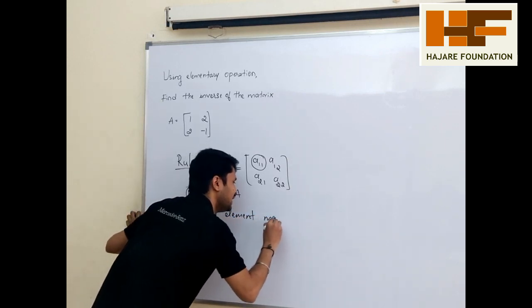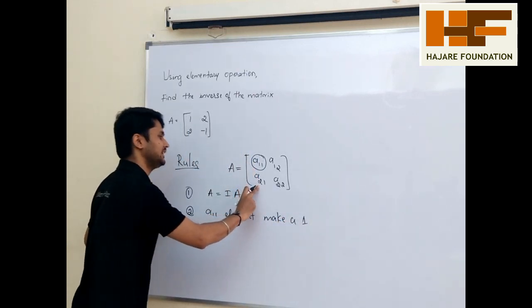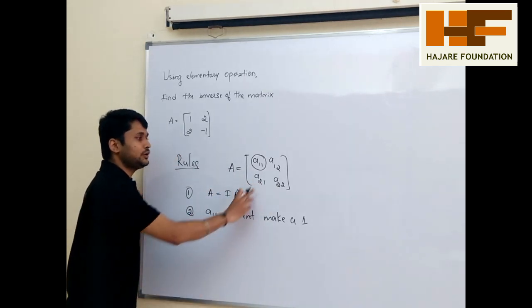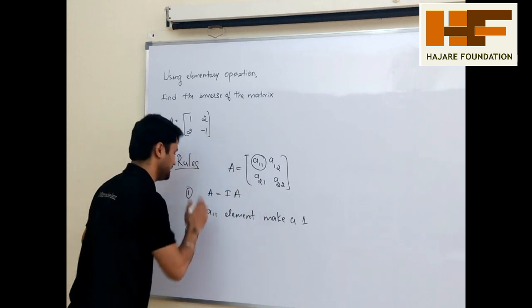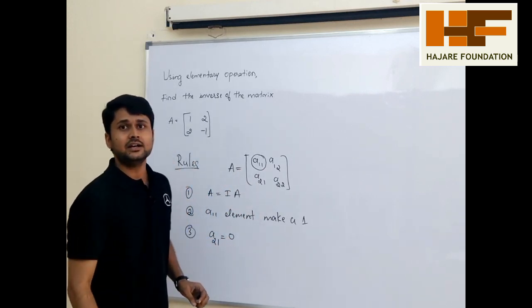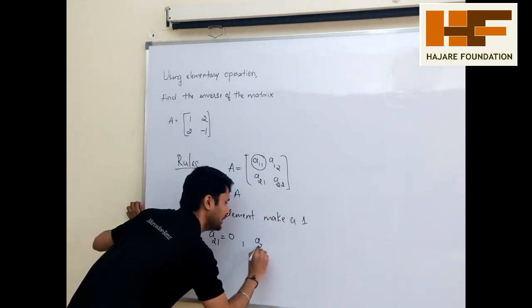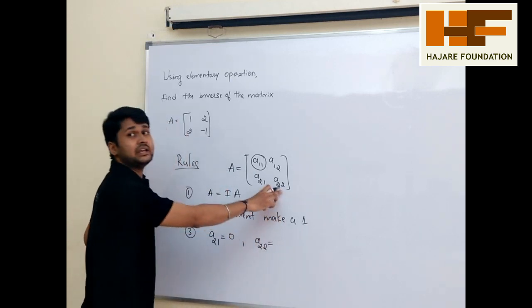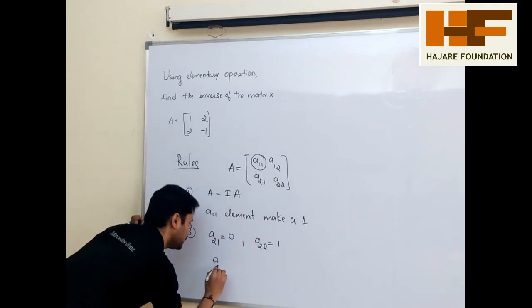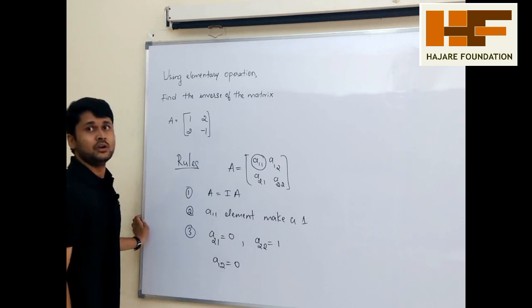Next, the third rule, make the A21 element a 0. After that, make the A22 element a 1. Next, after that, make the A12 element a 0.